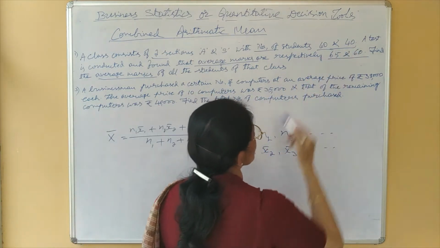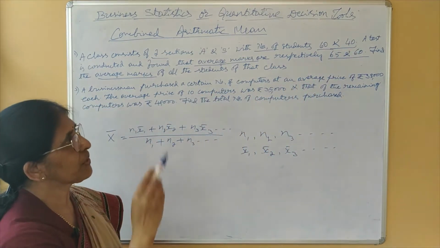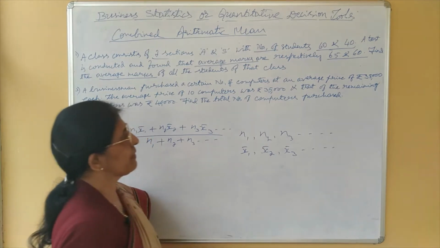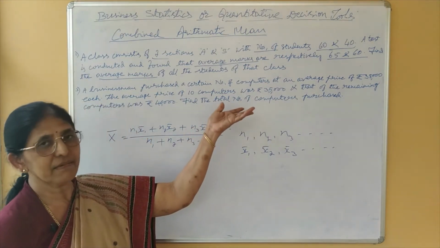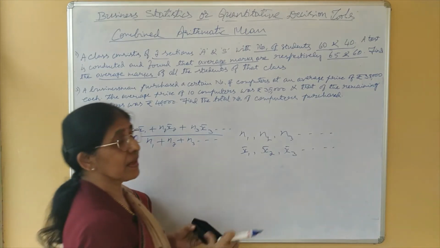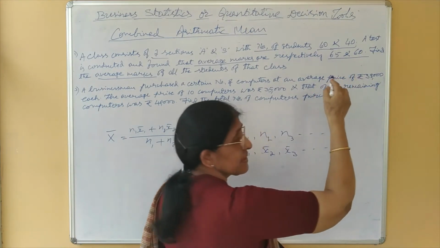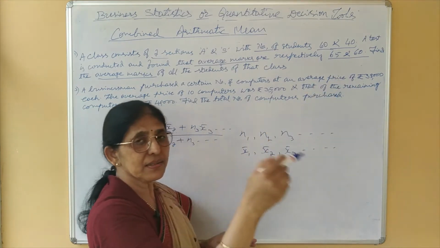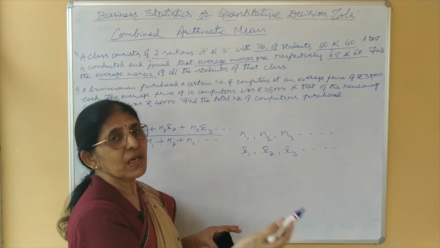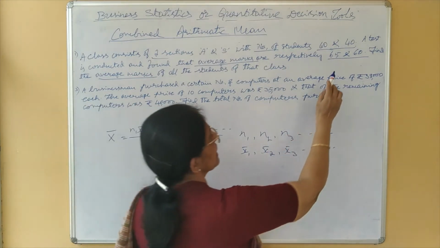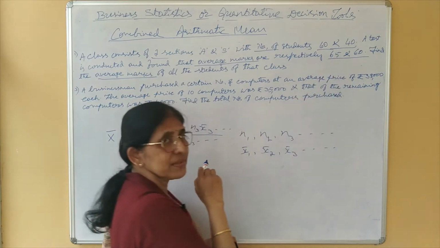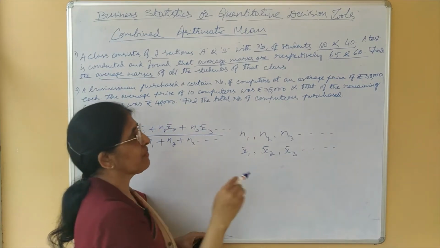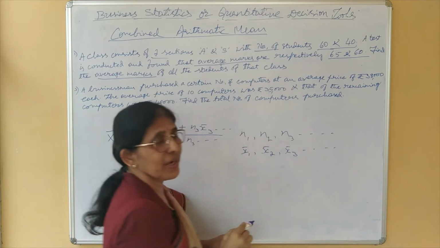The total number of students is 60 and 40 together, 100. Now you may say that if we divide by 100, we will get the average marks. Usually students commit a mistake: when asked the average marks of the whole class, that means both sections together, they take 65 as the average marks of section A and 60 as the average marks of section B, add these two and divide by 2.